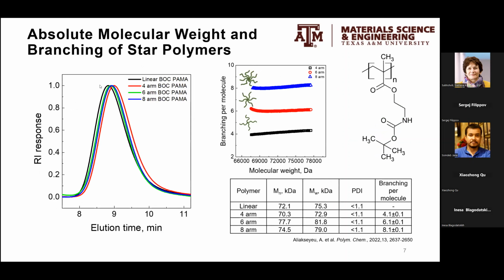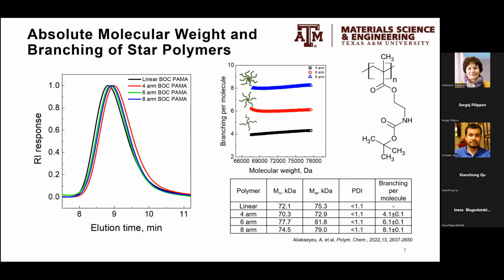The challenge is to characterize the branched architectures, and this is actually an enjoyable physicochemical project for students. If you just run GPC, you get a false illusion for linear polymers, because they take more hydrodynamic volume, and the 8-arm polymers are more compact, but it's very hard to match the molecular weight.